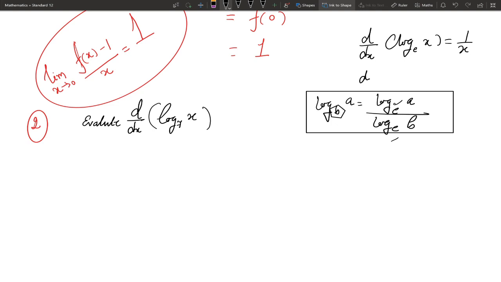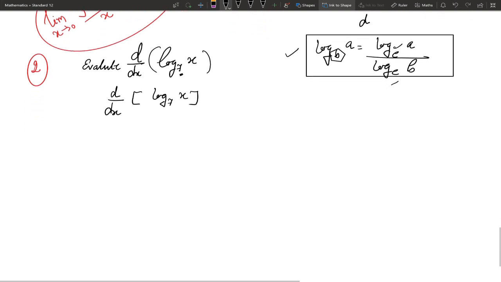So here log x to the base 7. You can't differentiate this as 1 upon x because base is 7. So first we have to change the base of this logarithm using this formula. So d by dx of log x to the base 7.